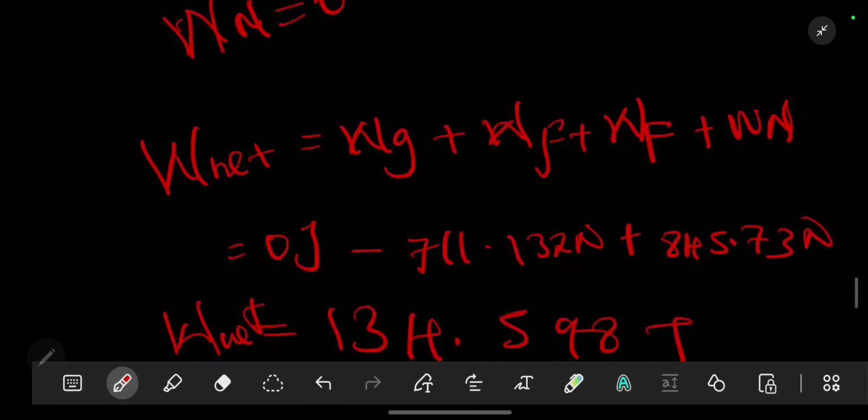Now to remember this, just remember that all the forces acting on an object are the ones that cause an object to move, which is the kinetic energy. So the work done is the one that leads to the movement, the creation of kinetic energy.